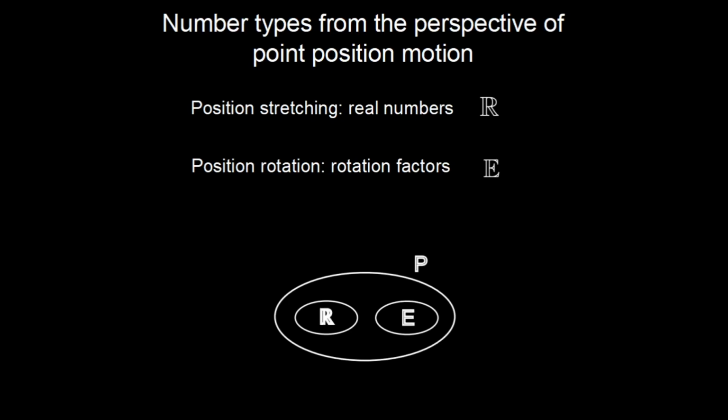On the other hand, multiplying a rotation factor to a position number or position vector rotates the target without changing the target's magnitude. Nature turns out to be magically perfect. The existence of real number set R and the rotation factor set E complement each other and complete the representation of the two basic motion types.